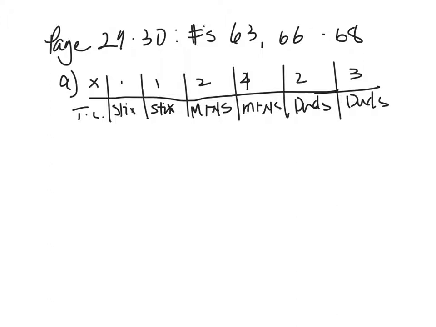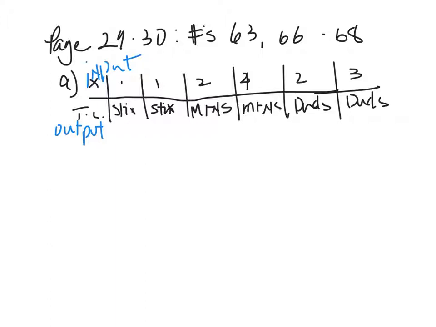Now, we have to examine these tables and graphs with their inputs and their outputs and decide if it is a function. So, here's my input, the button number. Here is my output, the type of candy. Is it a function?